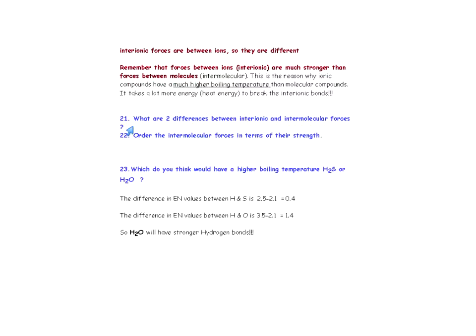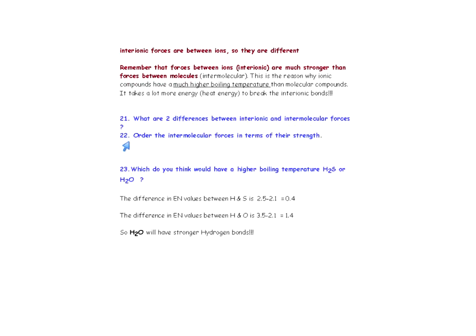That's right, one is between ions, the other is between molecules. Can you think of another difference between these forces in terms of comparing them, the strength of them? Ionic bonds are stronger, that's right.